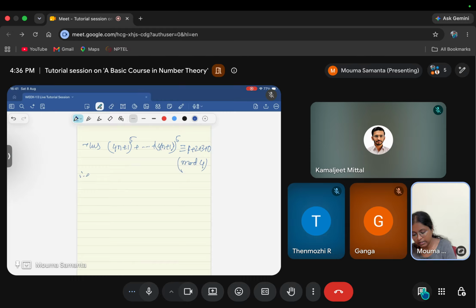The right hand side is 4, that means again congruent to 0 mod 4. Thus, this is for all n belonging to natural numbers union 0.